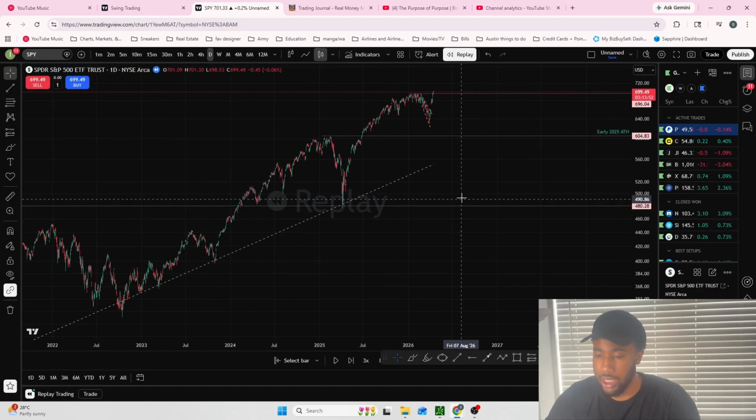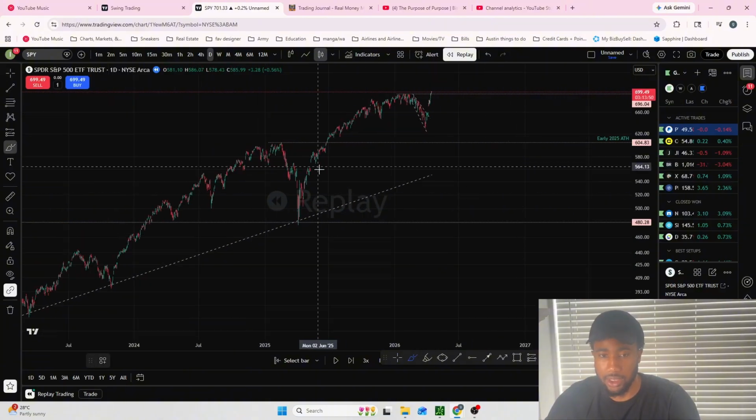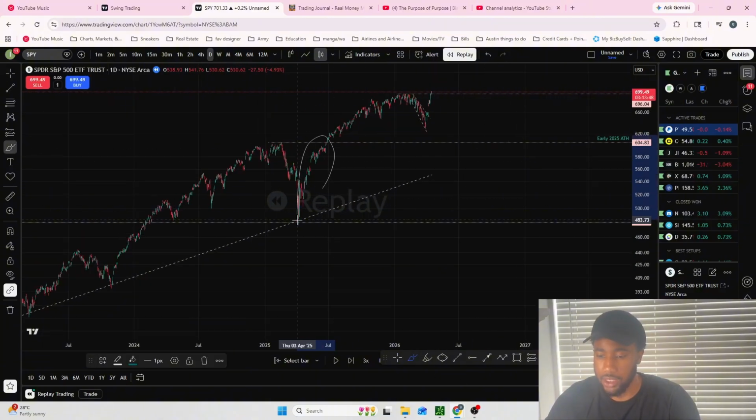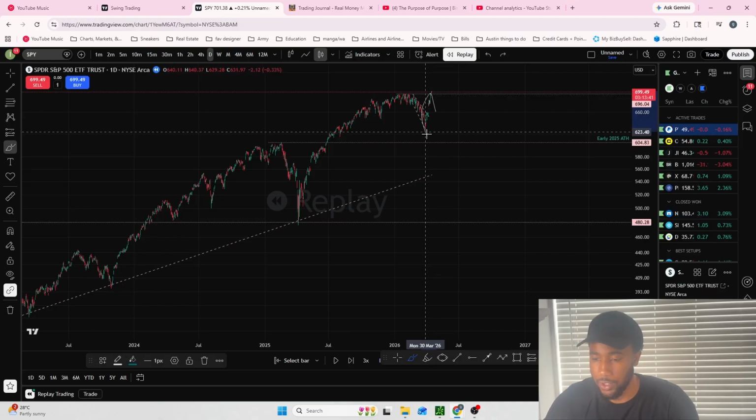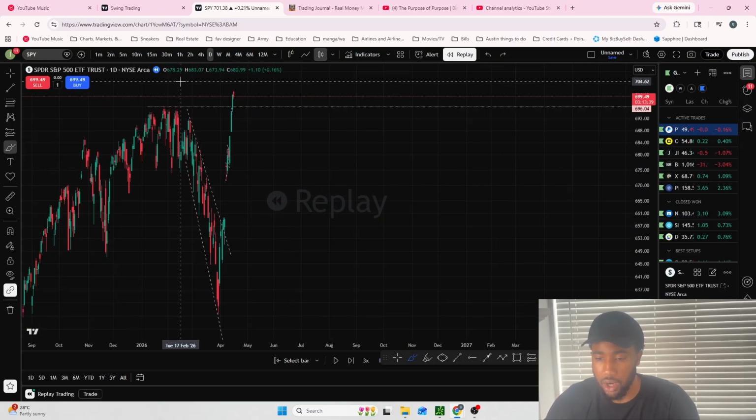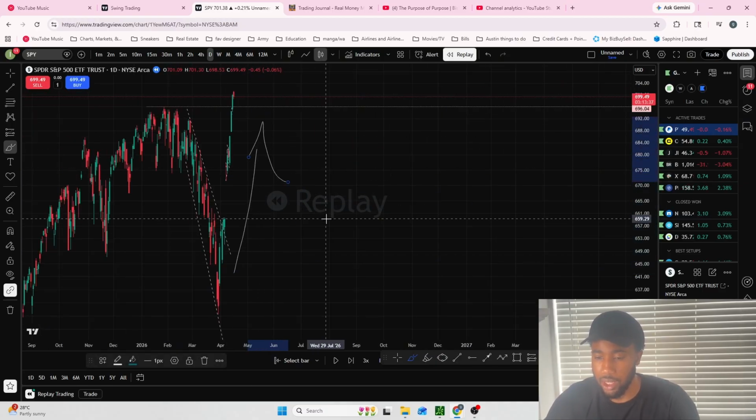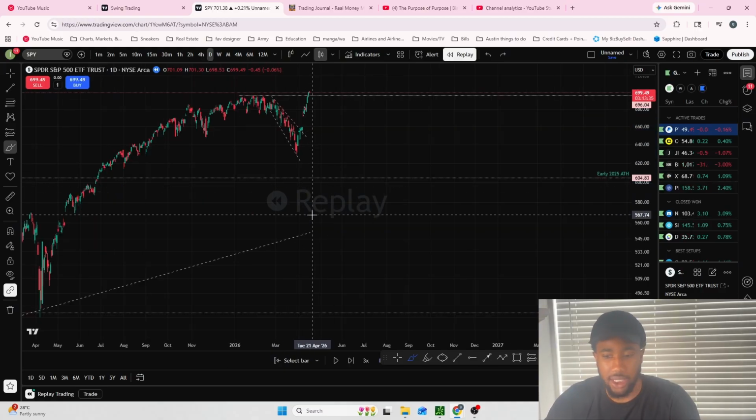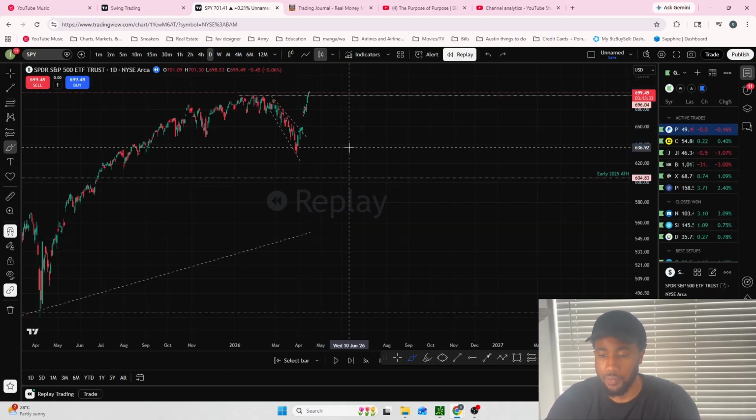If I zoom out on the daily, we can see some impulsive phases, and we can see corrective phases, right? The market's in an impulsive phase right now on the daily time frame. Price is shooting up.